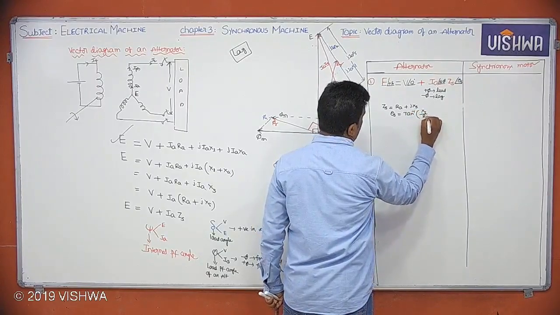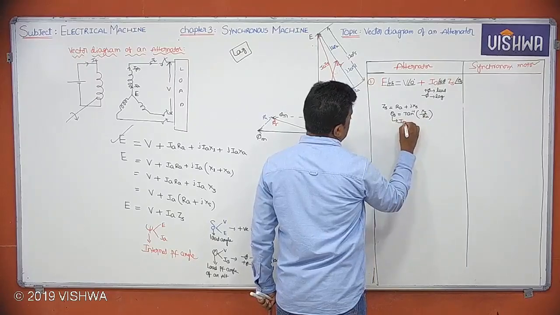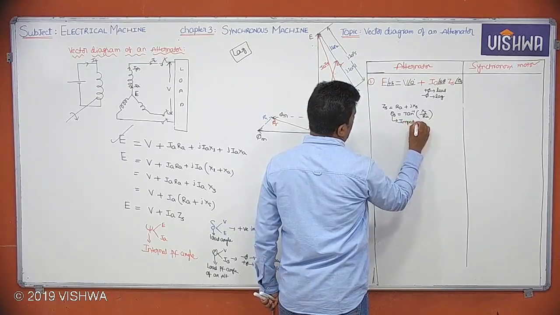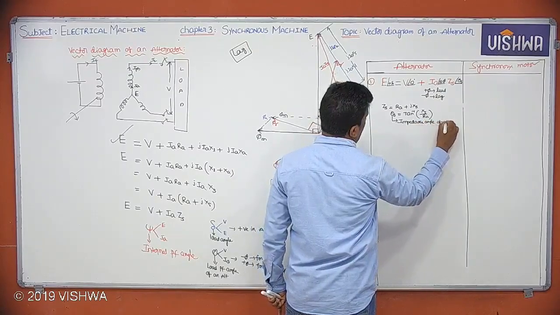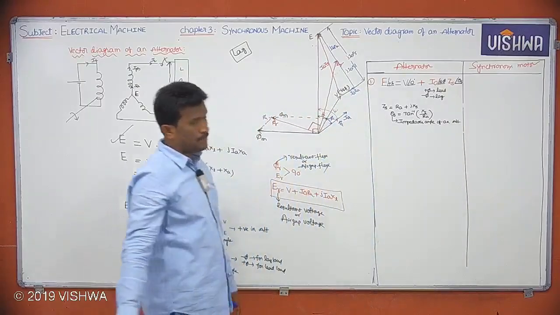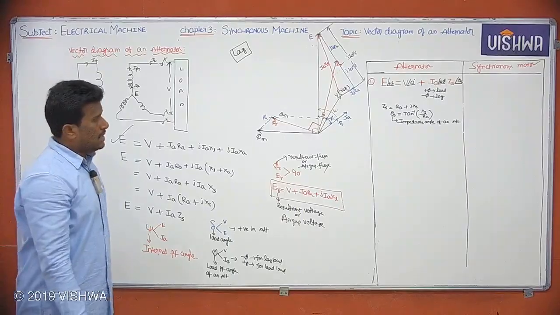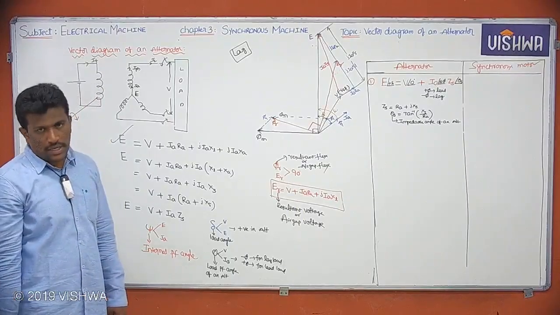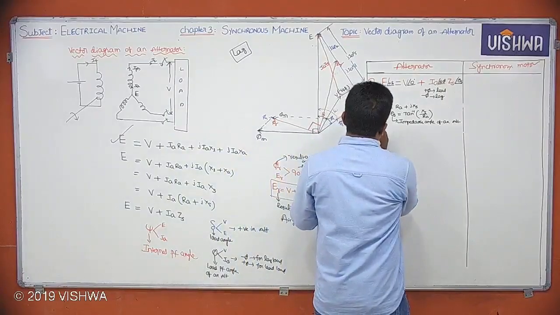Here theta S is nomenclature: the impedance angle of an alternator. So theta is equal to tan inverse of XS by RA. Theta S can be called the impedance angle of an alternator. Is it clear? Right.